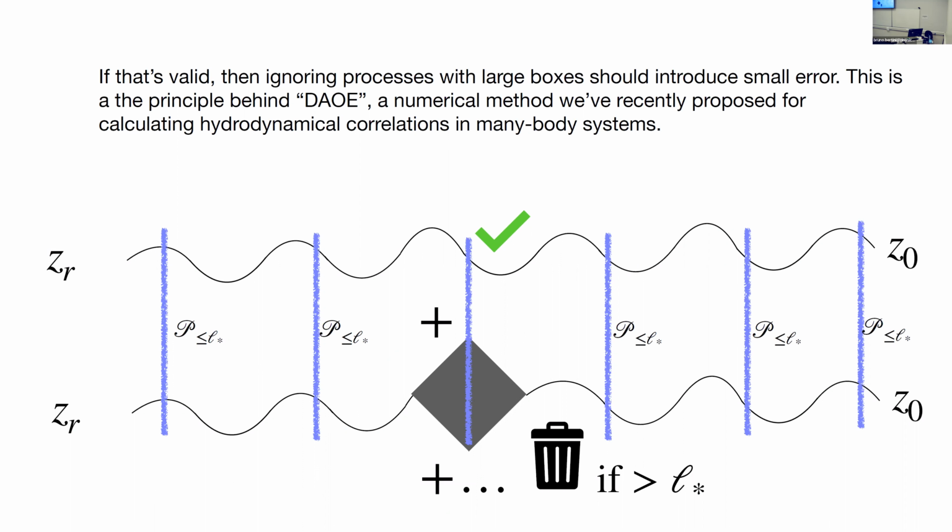Something I swept under the carpet was that our algorithm uses TBD as a backbone. So what I mean by that is we encode our operator using the so-called tensor product state, which is an efficient way of encoding states that have a bounded amount of entanglement, or operators that have a bounded amount of operator entanglement. And so we encode our operator as an MPO, matrix product state for an operator.